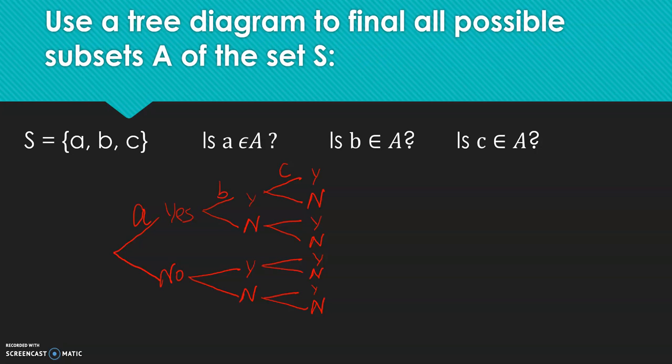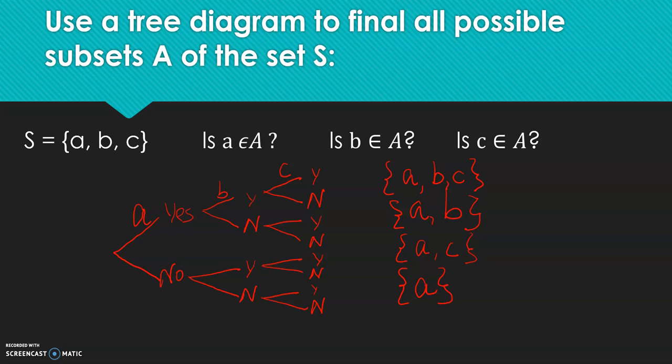As we read across, in our first set we have yes, yes, yes, so {A, B, C}. Our second set, we read across A, B, no C. Our third set, we read across yes to A, no to B, yes to C. Yes to A, no to B, no to C. Those are our top four sets.